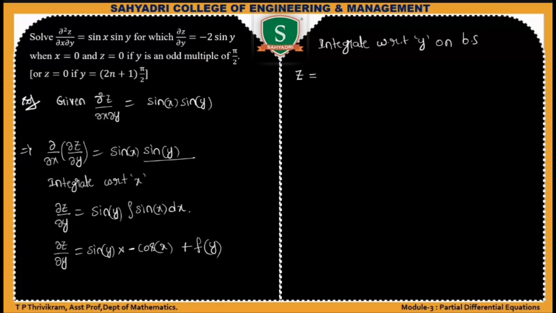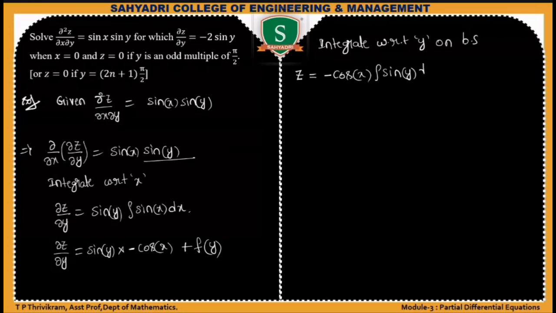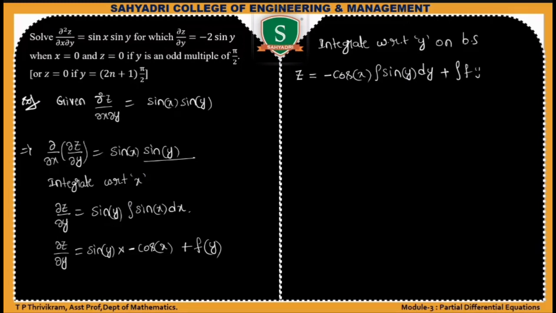Z is equal to minus cos x, which you have to treat as constant, integral of sin y dy, plus integral of f of y dy, plus, here I can take g of x as constant.